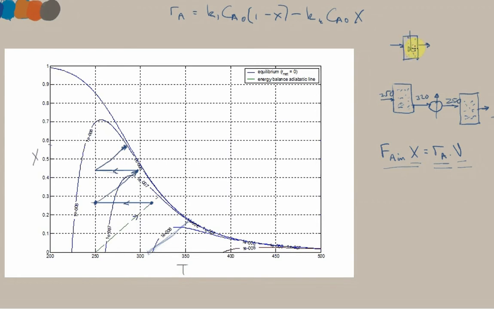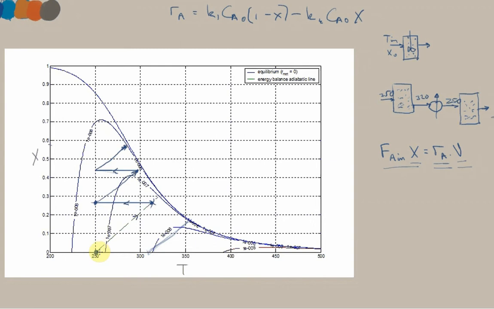So all points in that reactor have the same temperature and the same concentration, whereas we entered at some other temperature T in and some other conversion X naught. So that effectively means we've started at this point, and then the moment we are in that reactor, we are at this other point.